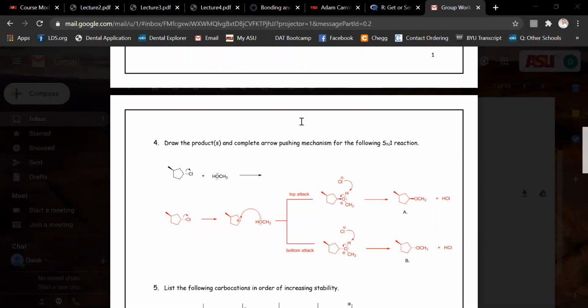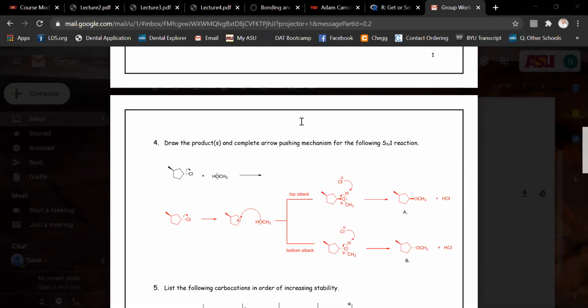Because we have a weak nucleophile here, how do we determine SN1 or SN2? We have a weak nucleophile, so it's going to be SN1, which means there's 2 steps, right? So first the leaving group leaves, and then you're left with the carbocation intermediate, and then your nucleophile attacks.